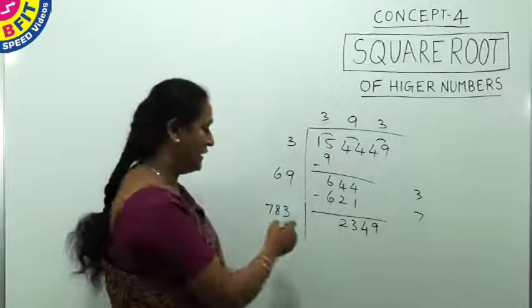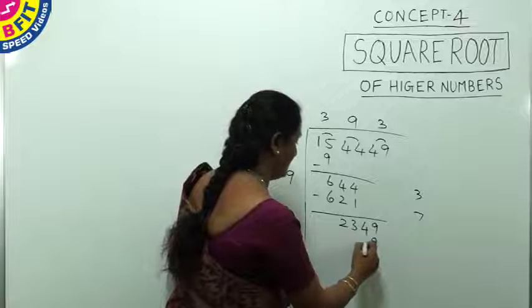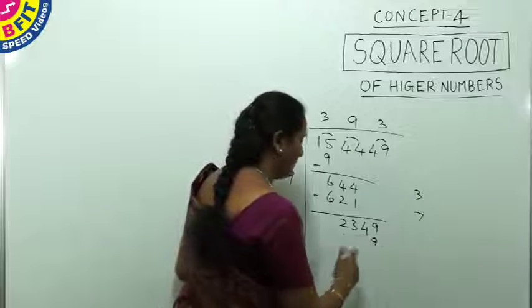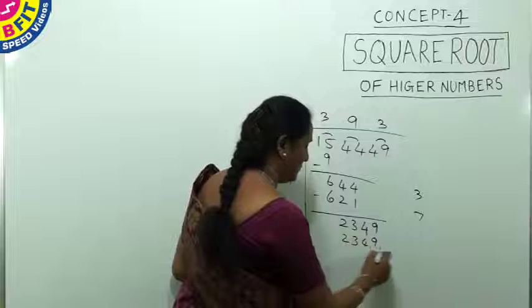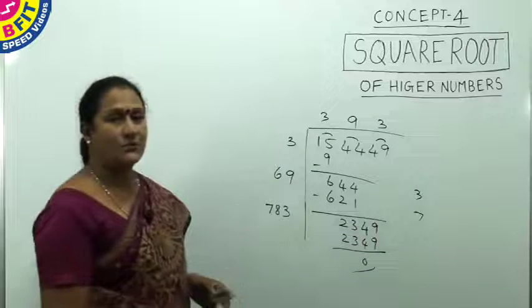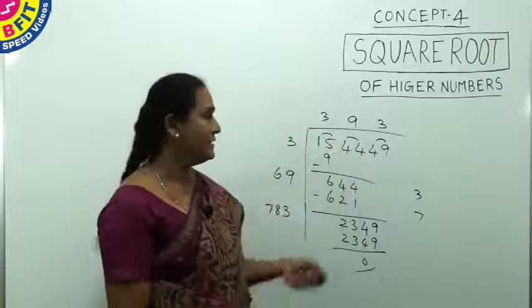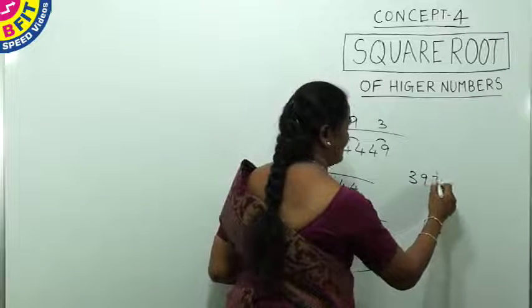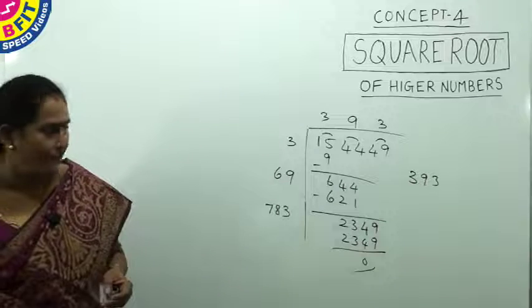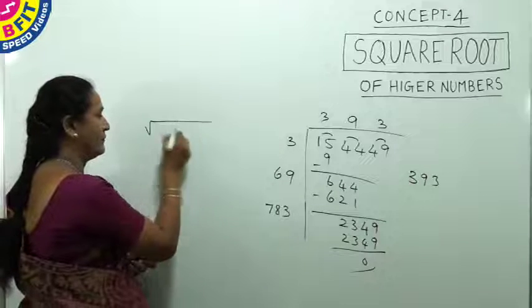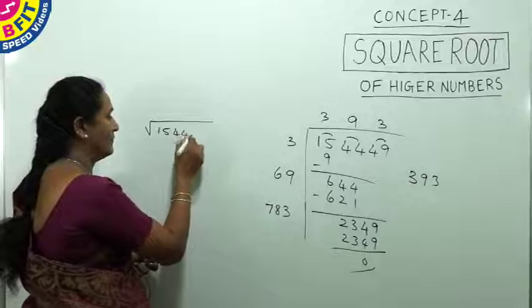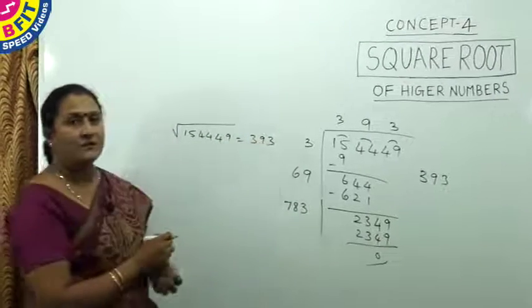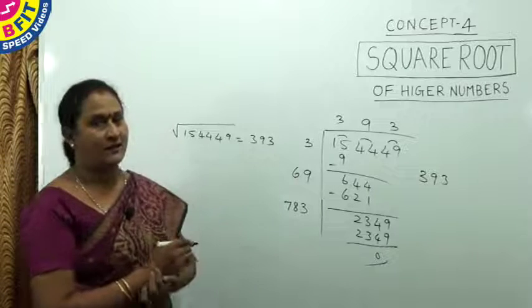And now this product: 3, 8, 24, 2 and 21 plus 2, 23. So the square root of 154449 is 393.